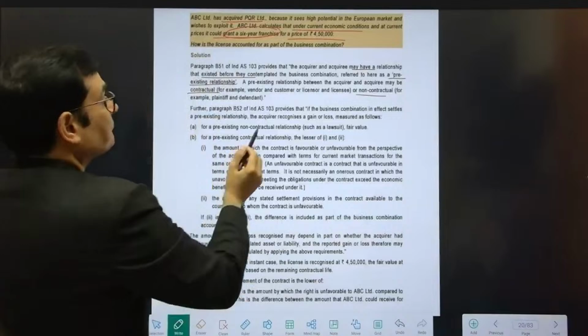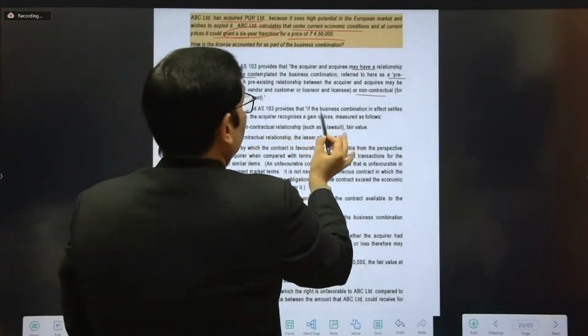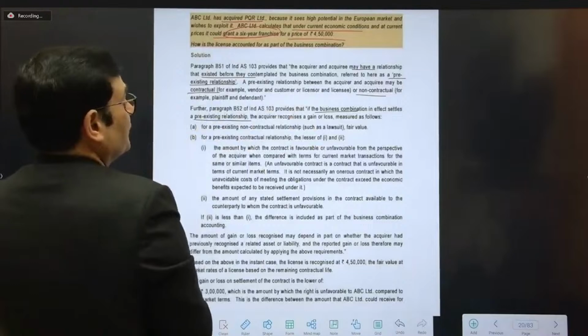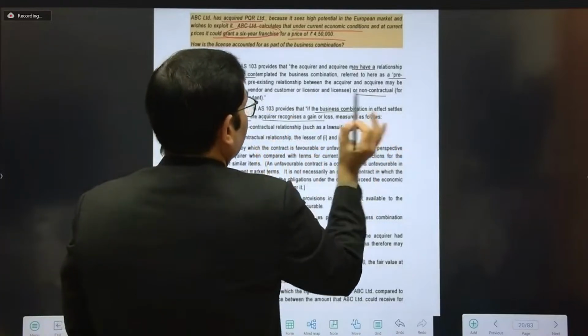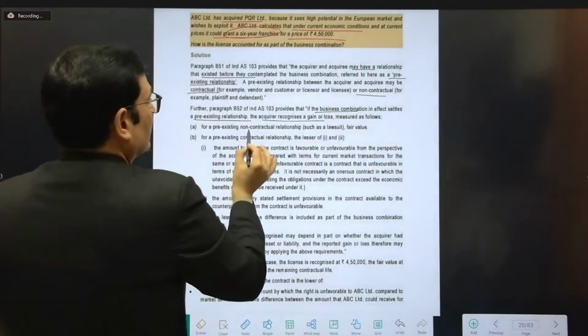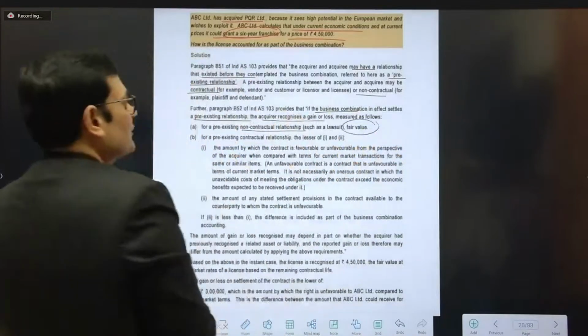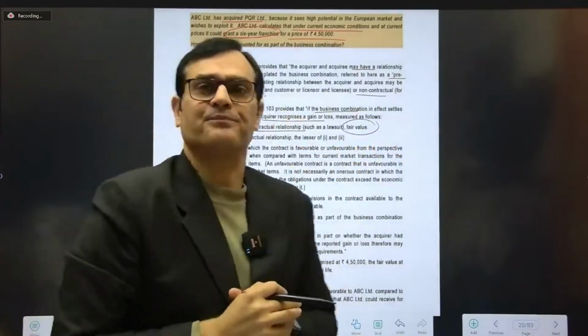Now let's see. It says if the business combination is settling a pre-existing relationship, the acquirer recognizes a gain or a loss. If it is a non-contractual relationship, you recognize a gain or a loss equal to the fair value. That's what I gave you: P&L debit, bank gets a credit.